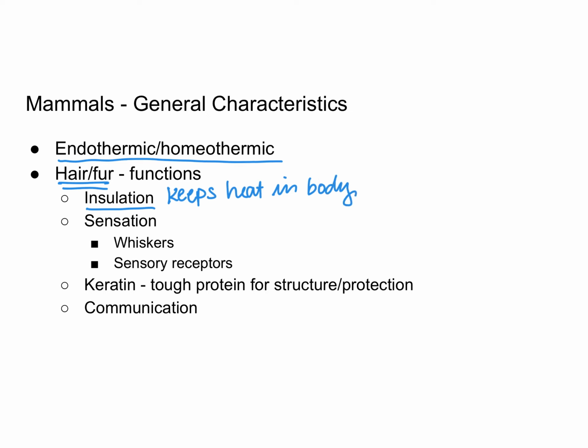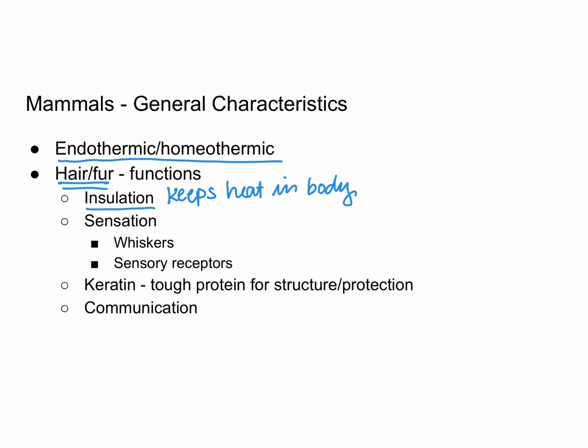It can be associated with sensation. Some mammals have whiskers, and even in non-whiskery mammals, a lot of the hairs are associated with sensory receptors in the skin. So if the hair gets moved, you can detect it. It's like if a mosquito lands on your skin, you can feel it, often because the mosquito is moving the little hairs on your arm or leg around.